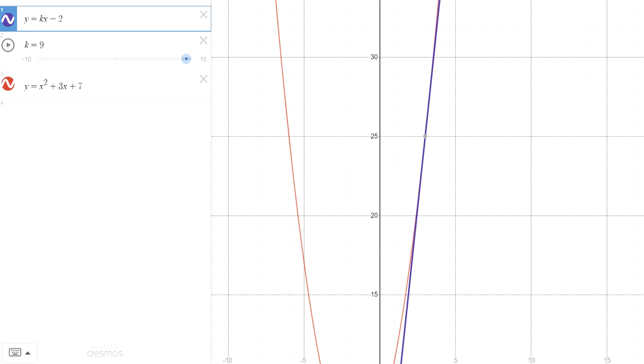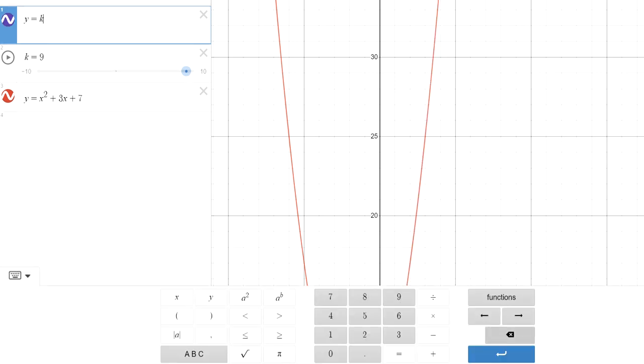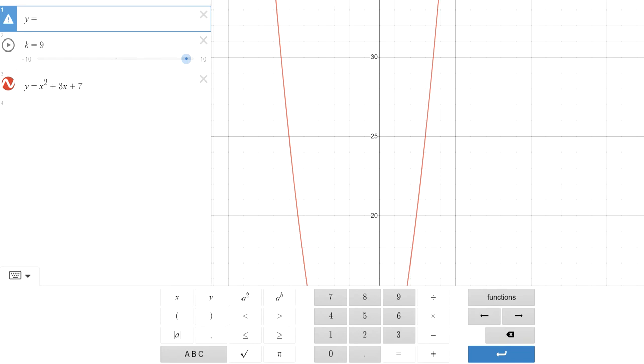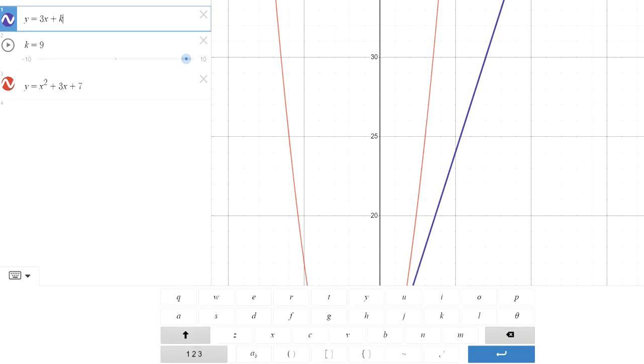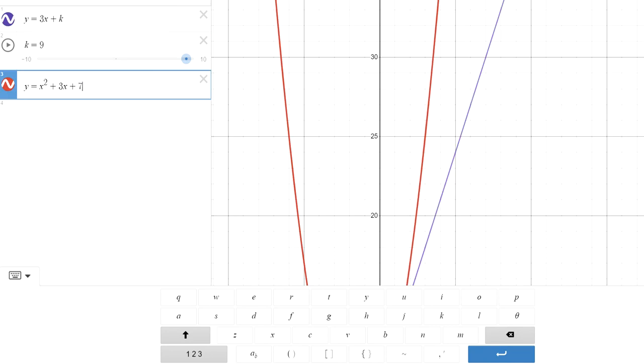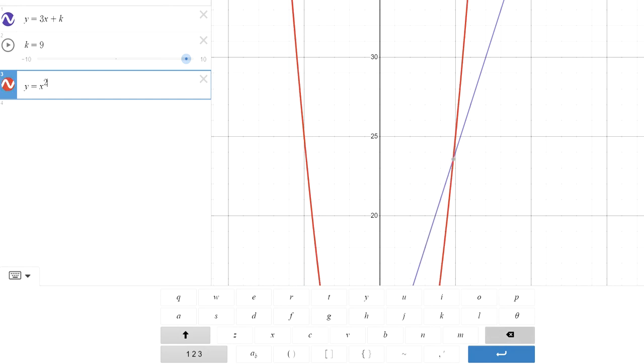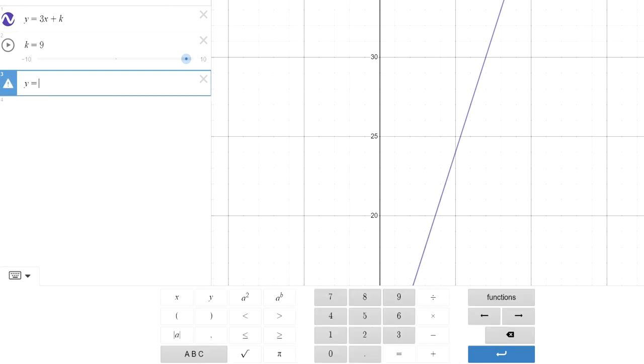Do you want to see the curve for question number 2? Yes. Okay, y equals 3x plus k, and the curve will be y equals 5 minus 3x minus 2x squared.